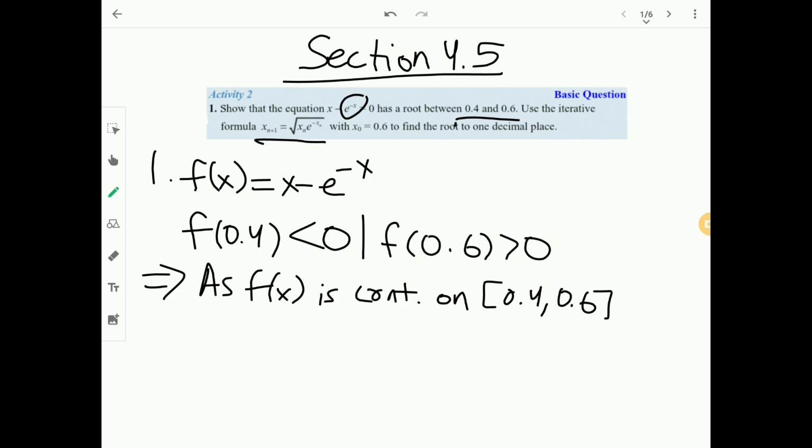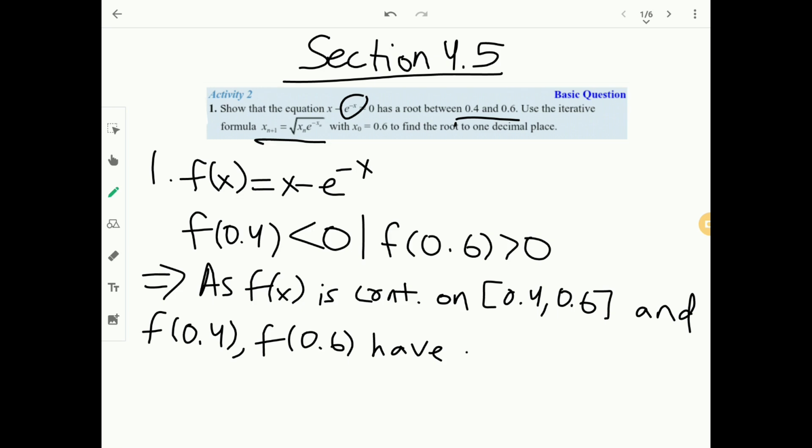If f of x and g of x are continuous, f minus g of x is also continuous, and f of 0.4, f of 0.6 have opposite signs, that means one is positive, one is negative, opposite signs, then we have fulfilled all the conditions of the intermediate value theorem.